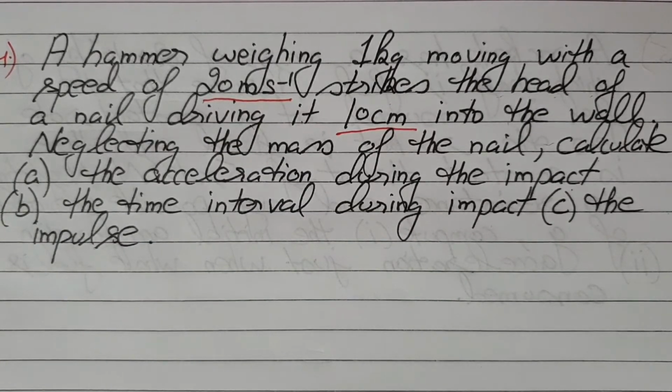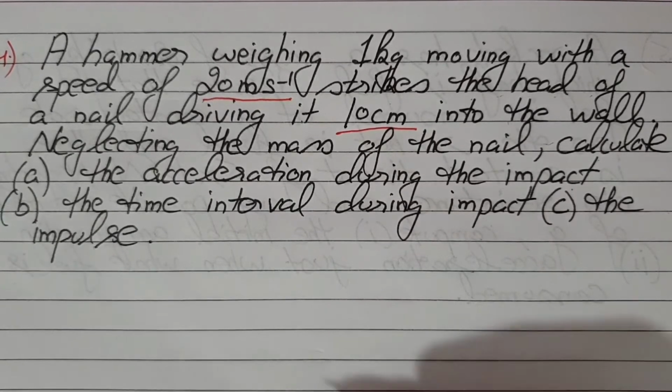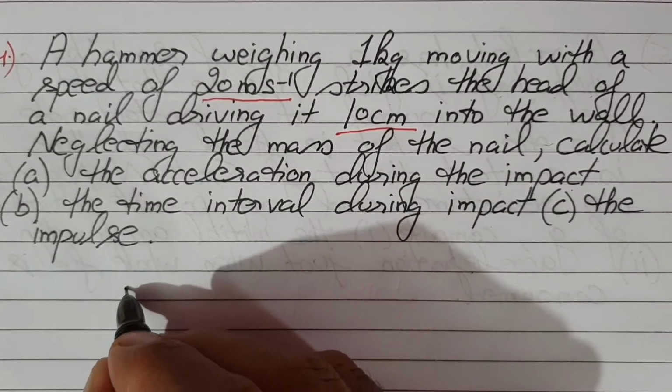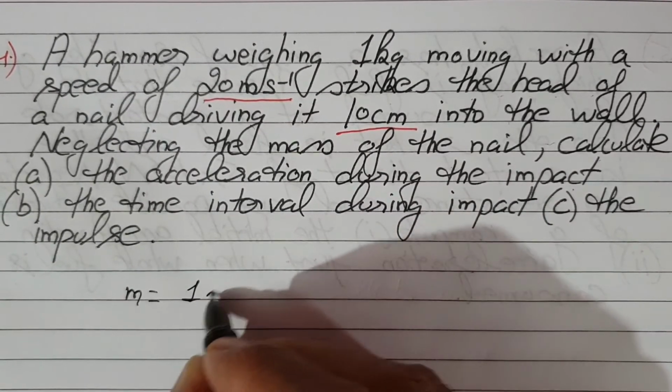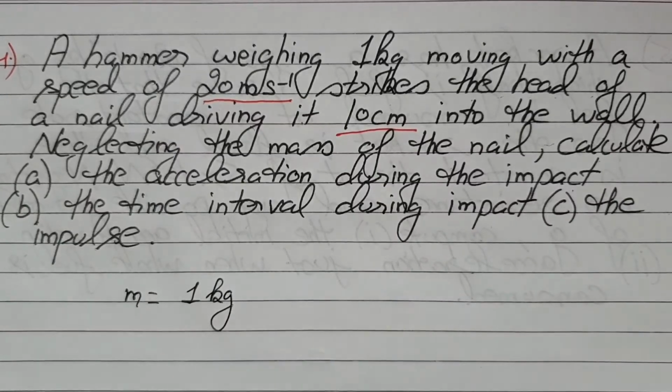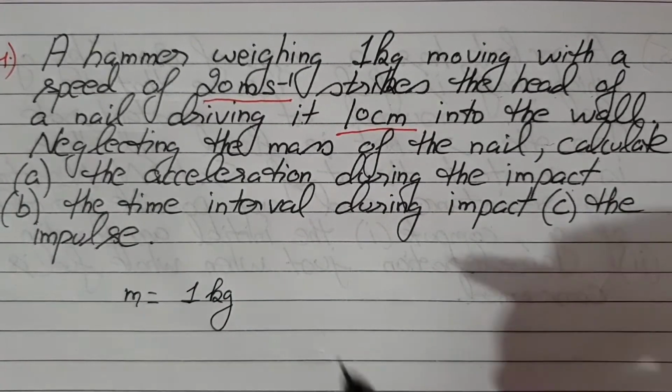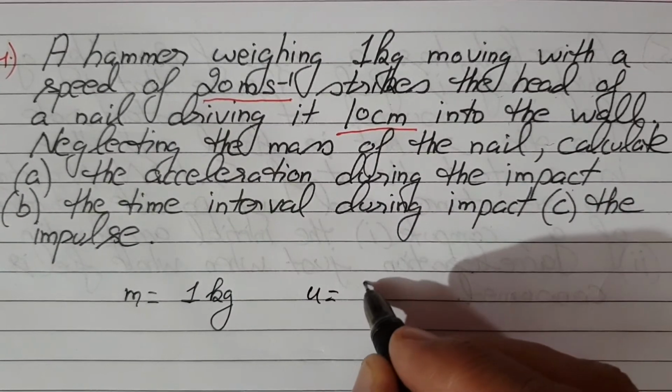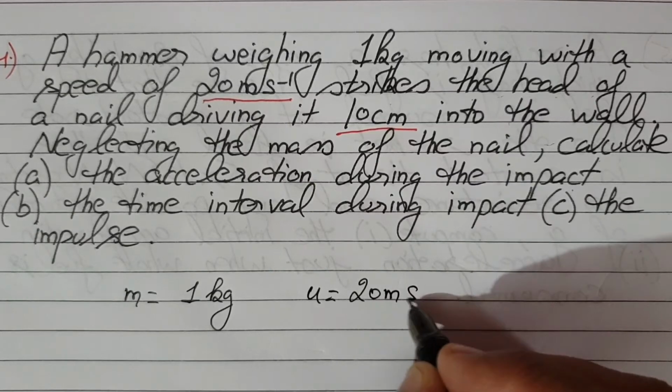First of all, what is given to us here? The mass of the hammer, m, is 1 kg. The initial velocity u is 20 meter per second.